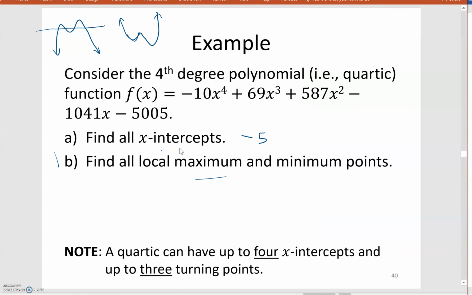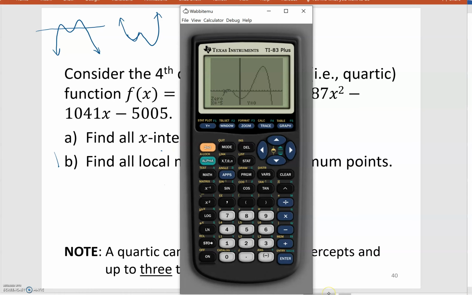And again, for the local maximums and minimums, it's essentially the same process. So if I want to find, say, this maximum, that is a maximum, by the way, what I was just pointing at. It's a little one, but it's right there. Locally, it's the biggest fish in that little pond.